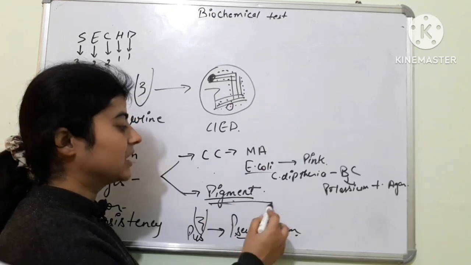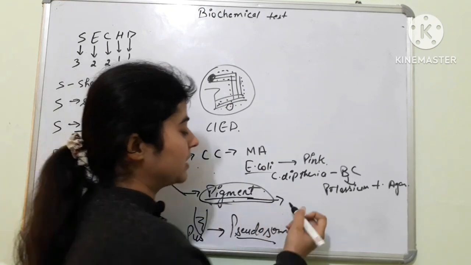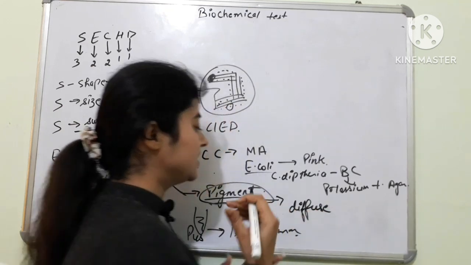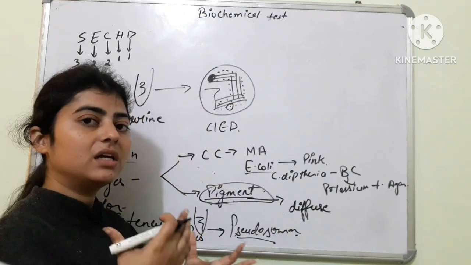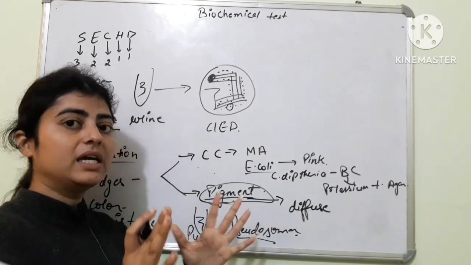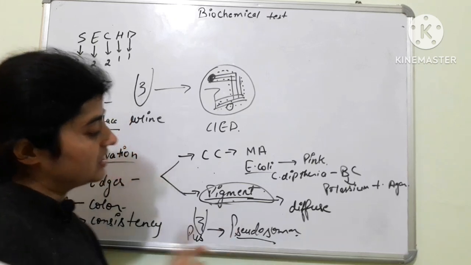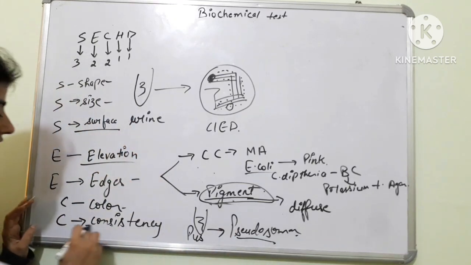This is the meaning of pigment. This type of pigment is called a diffusible pigment, meaning the pigment diffuses and spreads into the entire culture plate. Next we have consistency.